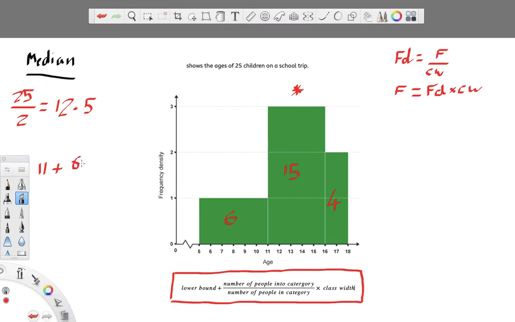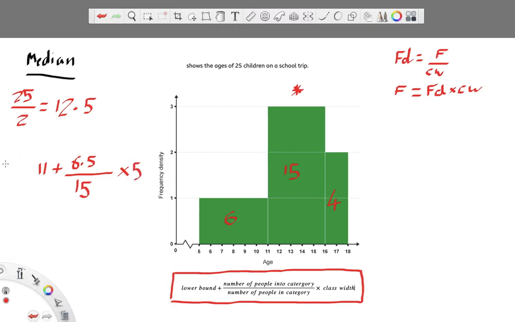So 6.5. And then we've got to divide that by the number of people in that category, so in that case it's 15. And then times that answer by the class width, which was 1, 2, 3, 4, 5. So we times that by 5. So that will give us our median.